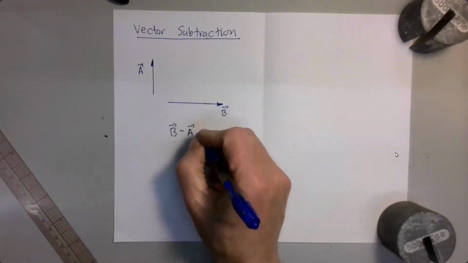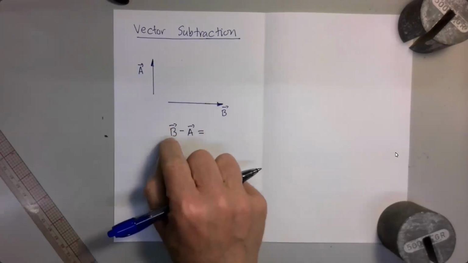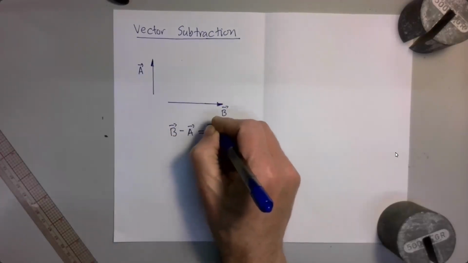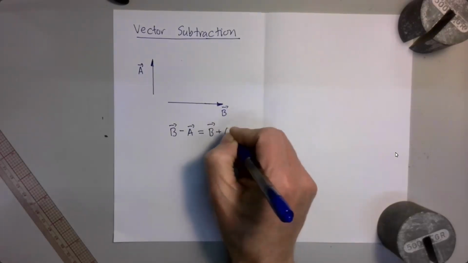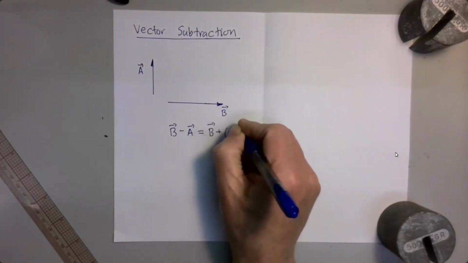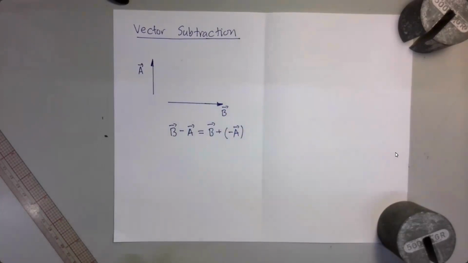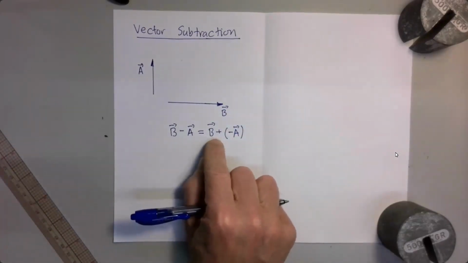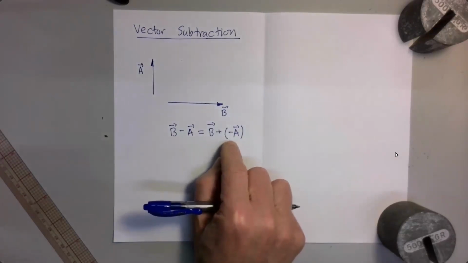Well, what we can do is rewrite vector B minus vector A as a sum: vector B plus the minus of vector A. So how are we going to calculate vector B plus the minus of vector A?